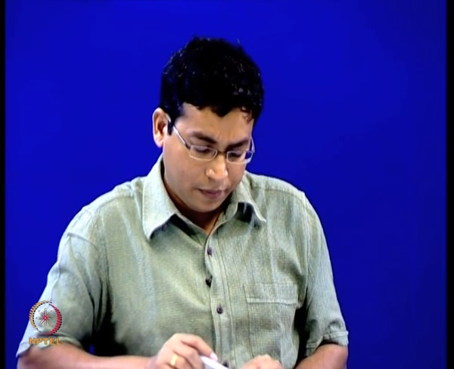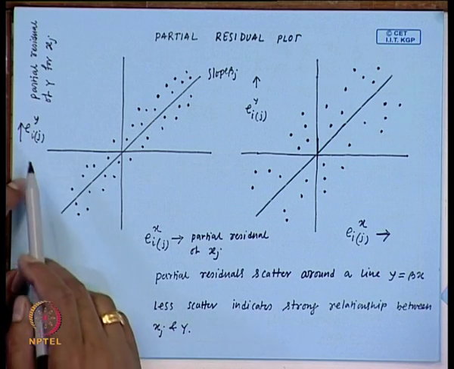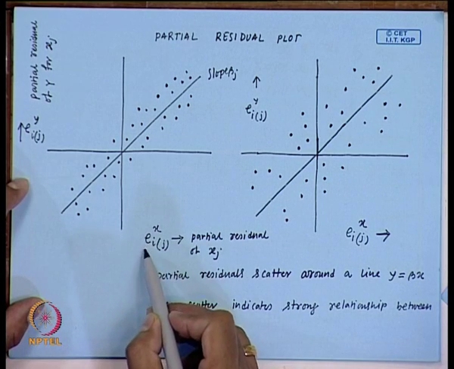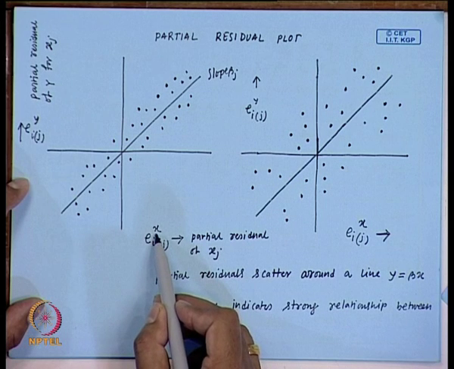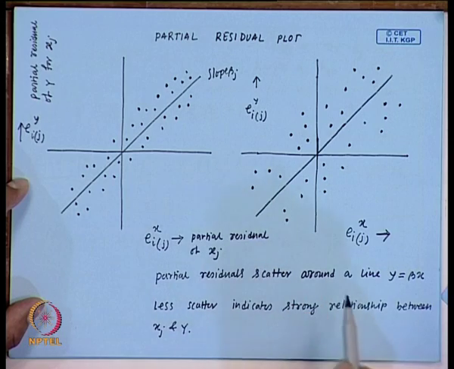Now, I will talk about different patterns of the partial residual plot. Here you can see the partial residual of y along the vertical axis, and the partial residual of x_j along the x axis.